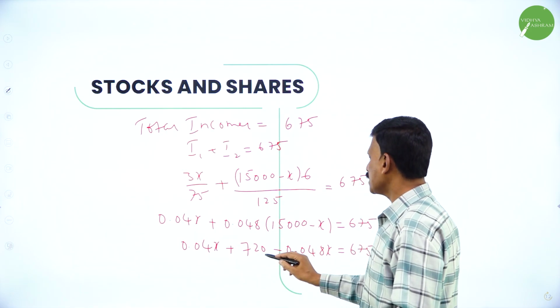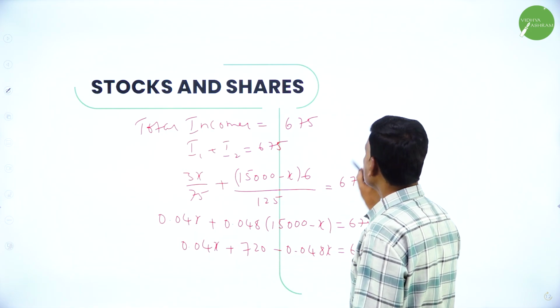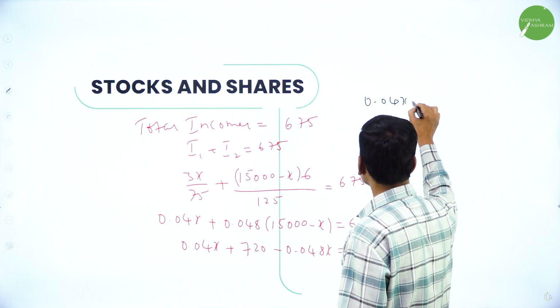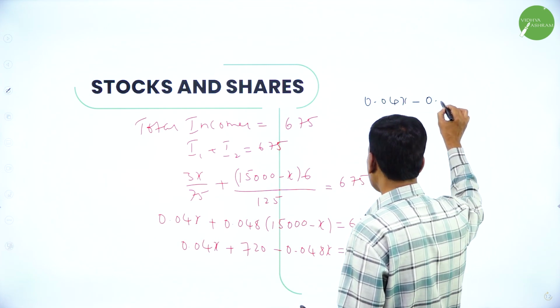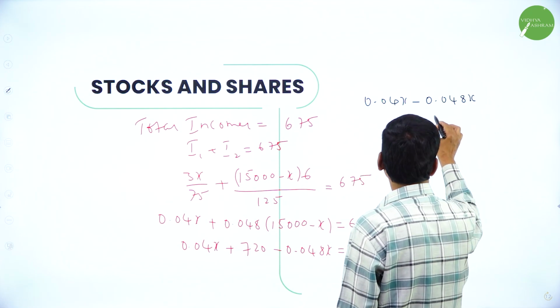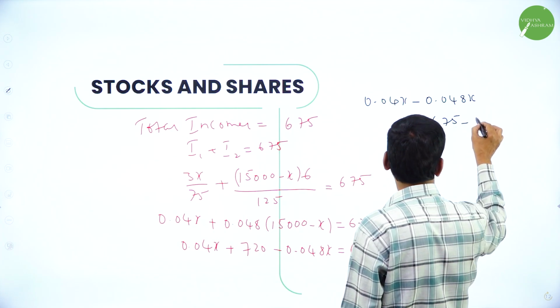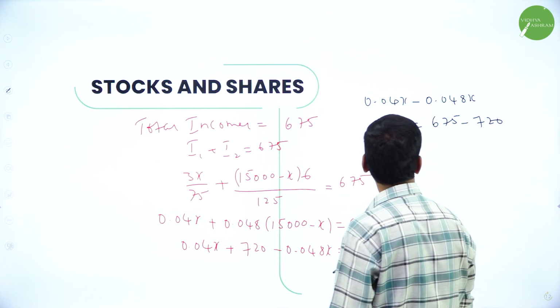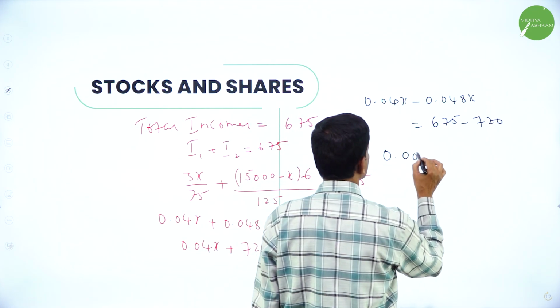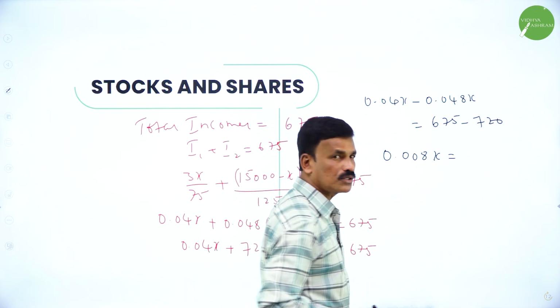Right. Now transfer this. Just what happens? 0.04x minus 0.048x is equal to 675 minus 720. So this is equal to, so 0.008x is equal to 45.